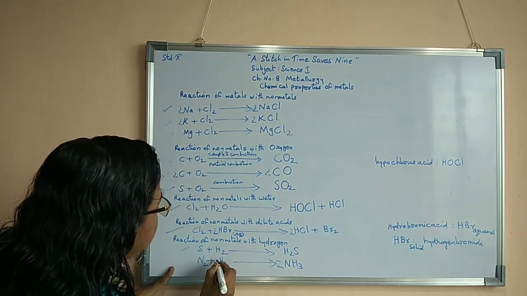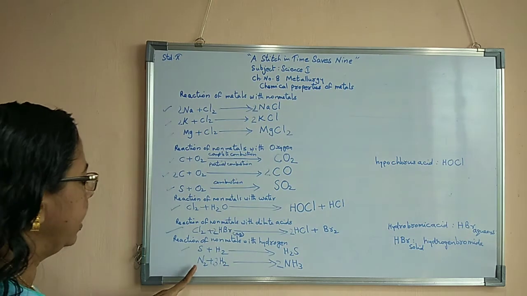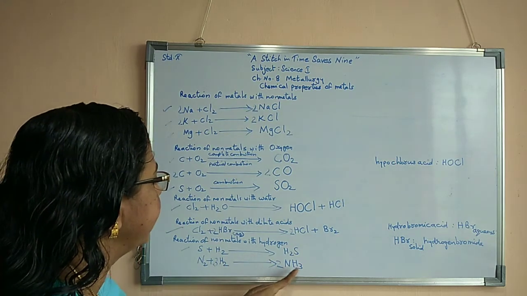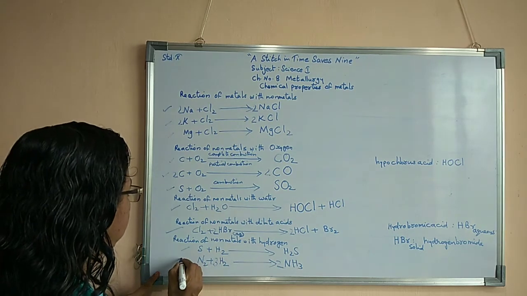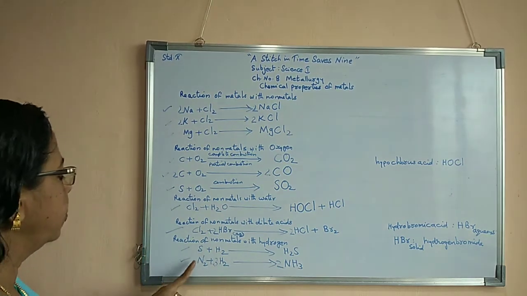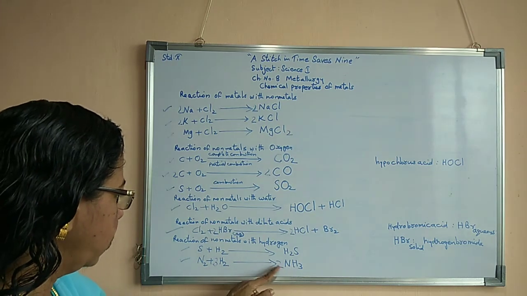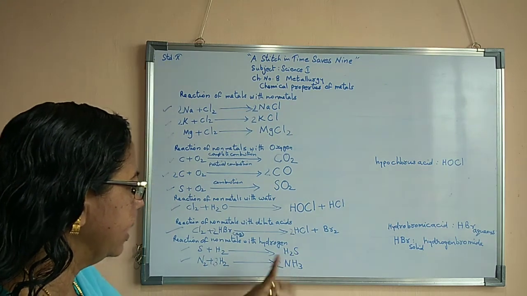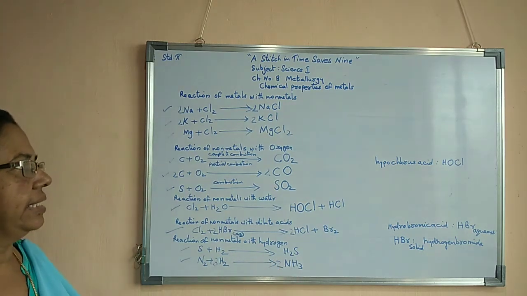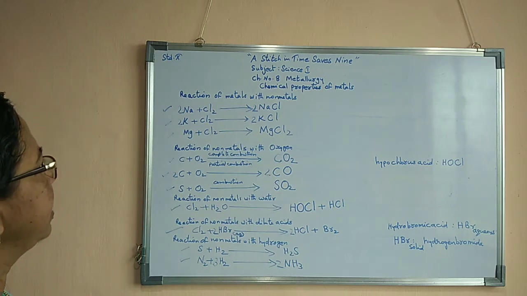Here only 2, so I am putting here now 3, so 3 2s are 6. Nitrogen 2, hydrogen here 6, here also hydrogen 6, nitrogen 2. So automatically we can say here also now equation balanced. Hydrogen here 6, 3 2s are 6, here 2 3s are 6, equation balanced.